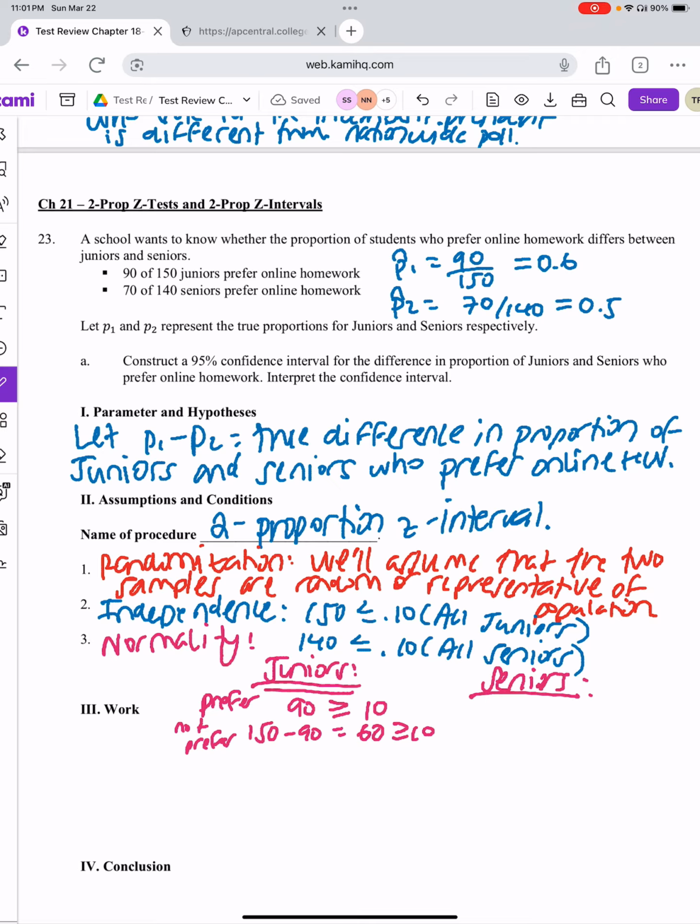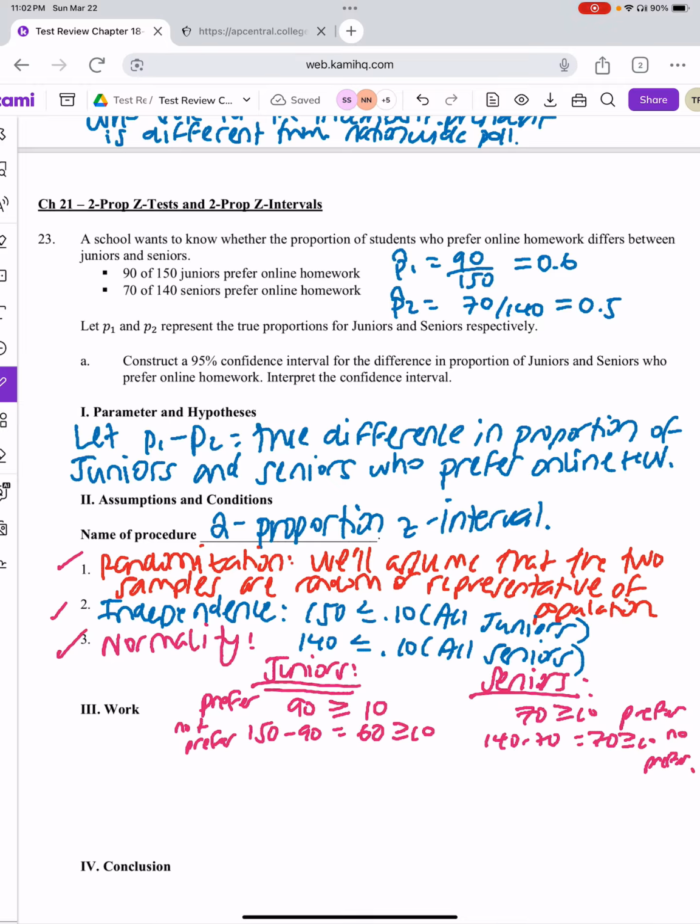They told us that 70 prefer online homework. So we say 70 is bigger than 10. So that's prefer. And then 140 minus 70, which is also 70, is bigger than 10. Not prefer. So we're good at both.